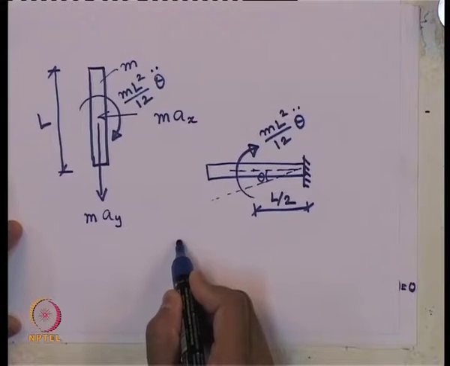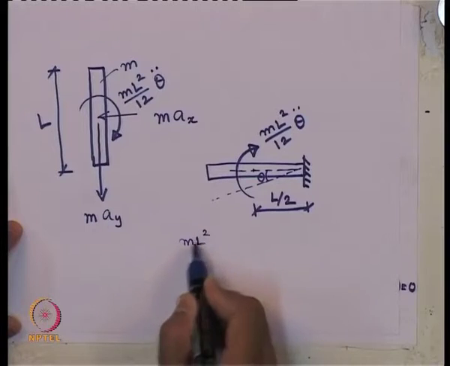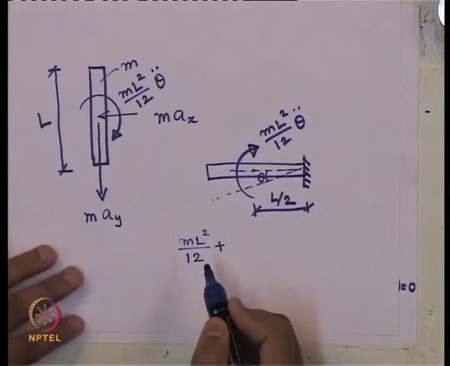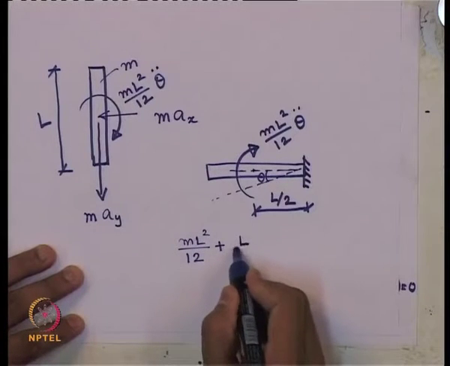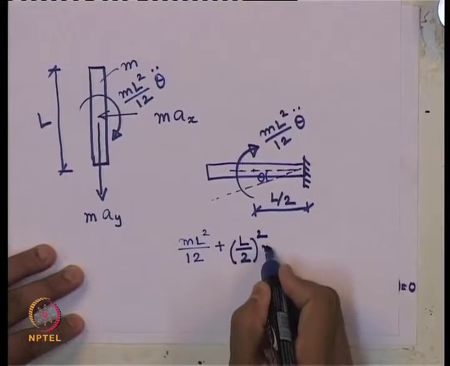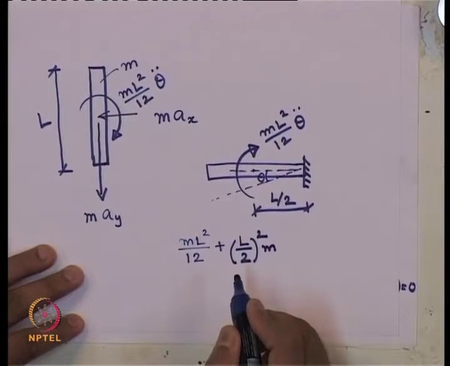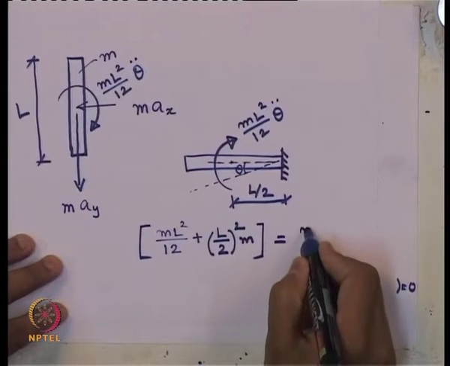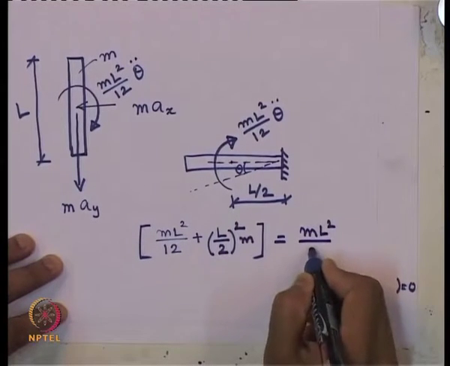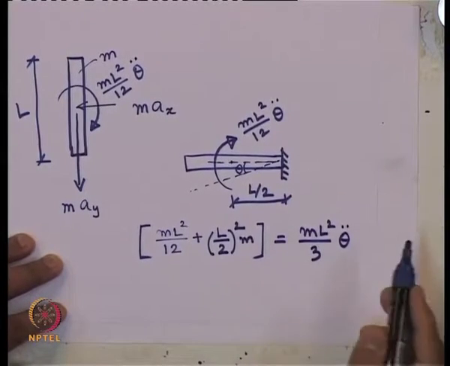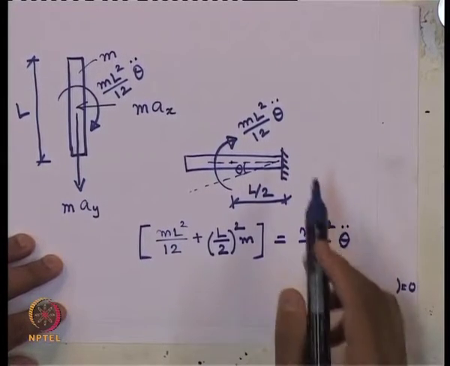It should be m L square by 12 plus L by 2 whole square mass. That much will give us m L square by 3 theta double dot as the inertia force at the end.